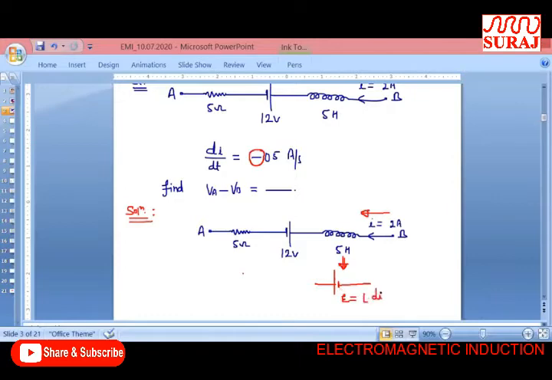And what is the value of this induced EMF? L di by dt. You put the value of inductance 5 and di by dt they have given 0.5. It means this voltage is 2.5 volt. This is already positive and negative, and since the current is coming from the right, the voltage drop here will be 10 volt because I into R.